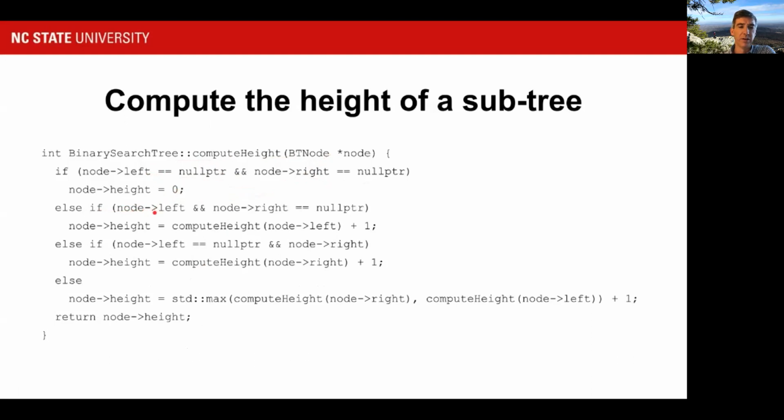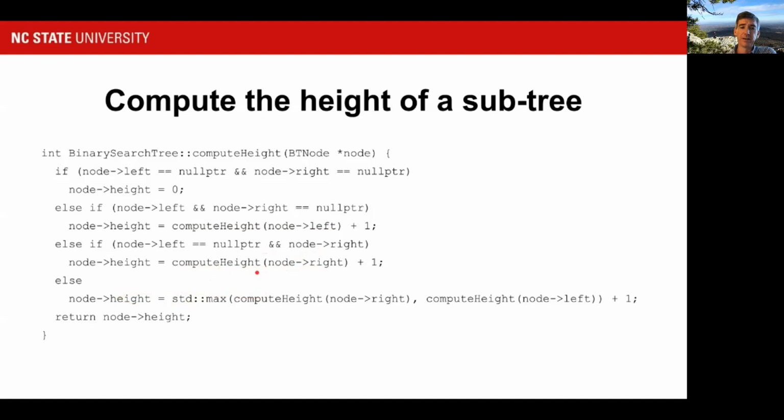If the left node has a value and the right node doesn't, then the height of this node is 1 more than the height of the left node. And we'd call this function recursively to figure out the height of the left node first. Else, if the left node is null and the right node is not null, then I'm going to call compute height on the right node to find out its height and then add 1 to it, because I have to be 1 more than the height of my right subtree.